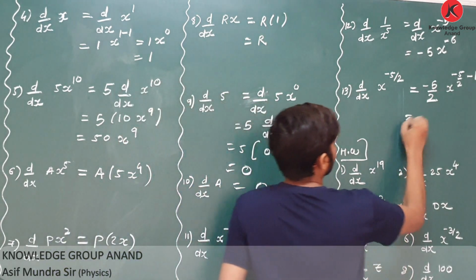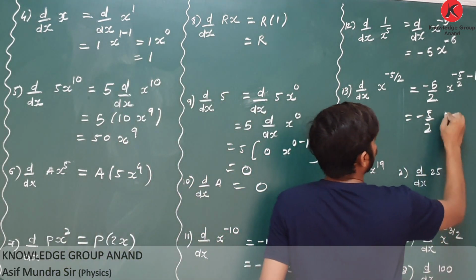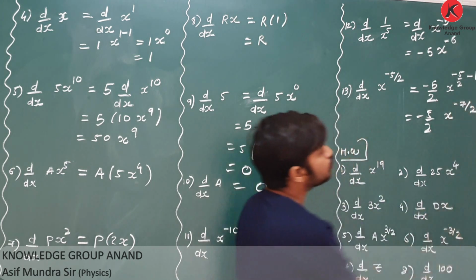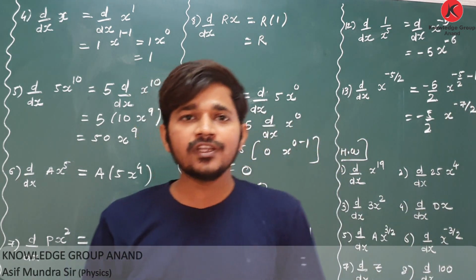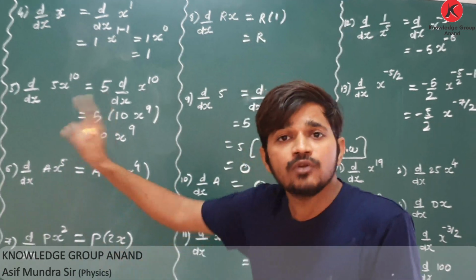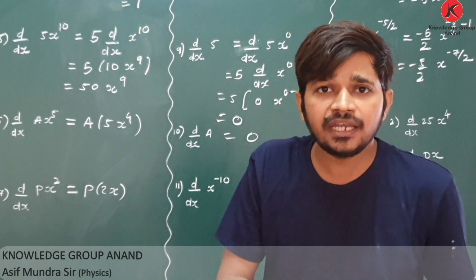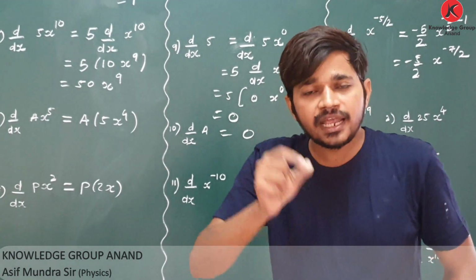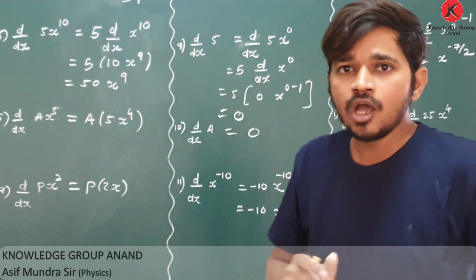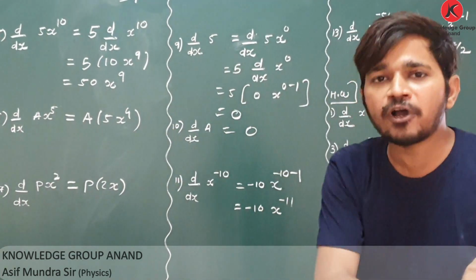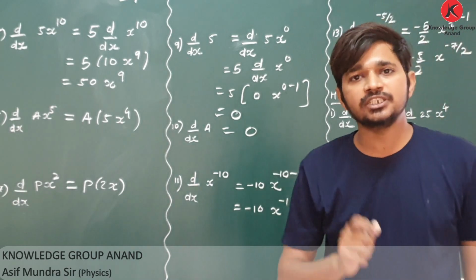So it is minus 5 by 2 x raised to minus 7 by 2. Clear? So differentiation is only one formula: d upon dx of x raised to n is equal to n x raised to n minus 1. If you know this, then you can easily find average velocity.